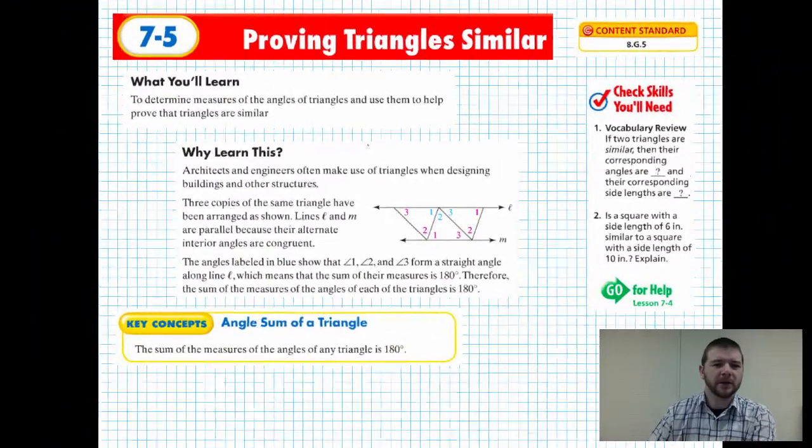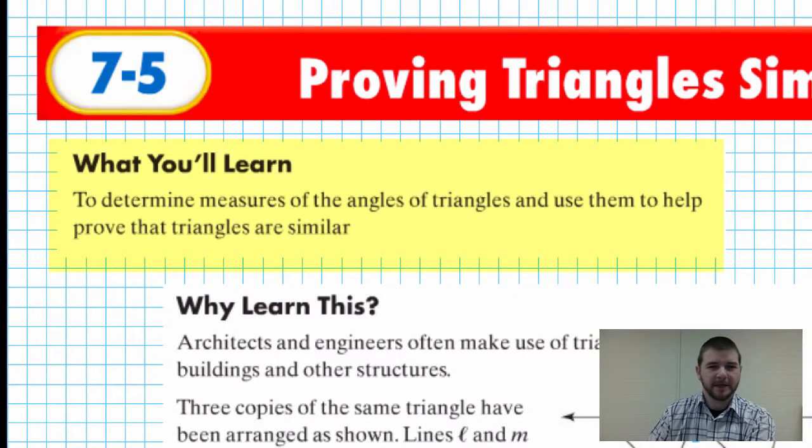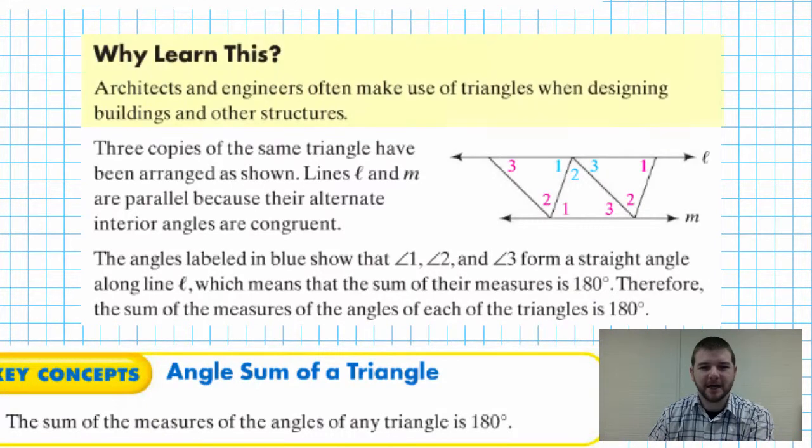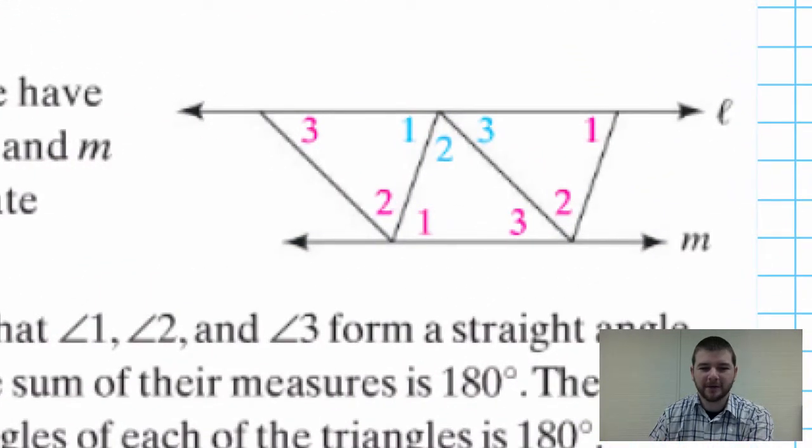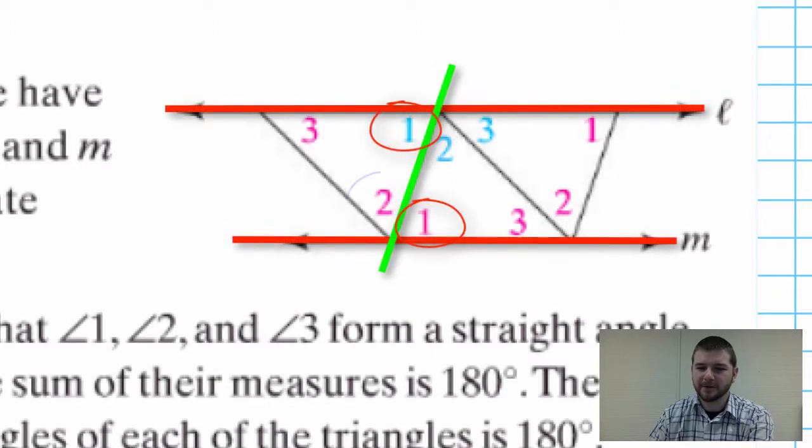It says what you'll learn in section 7-5: to determine measures of the angles of triangles and use them to help prove that triangles are similar. Why learn this? Architects and engineers often make use of triangles when designing buildings and other structures. 3 copies of the same triangle have been arranged as shown. Lines L and M are parallel because their alternate interior angles are congruent.